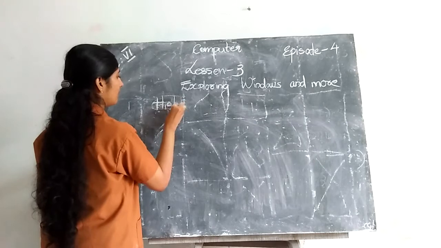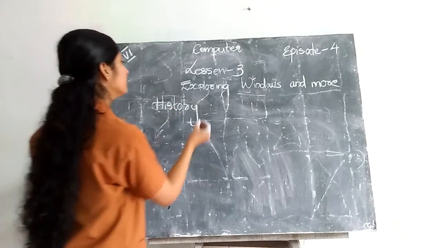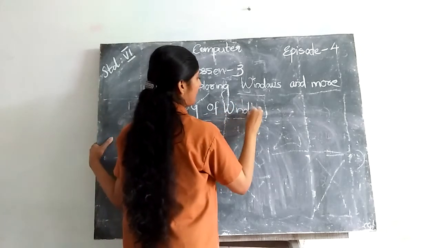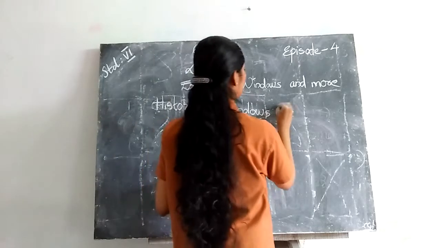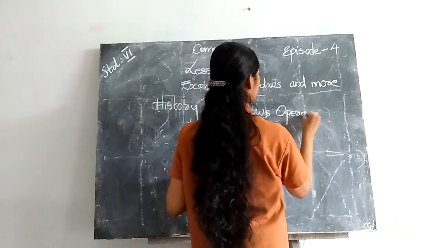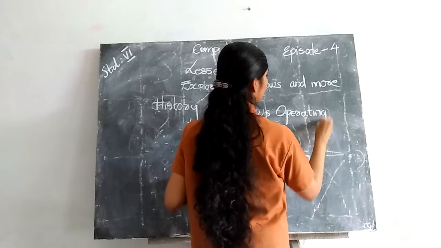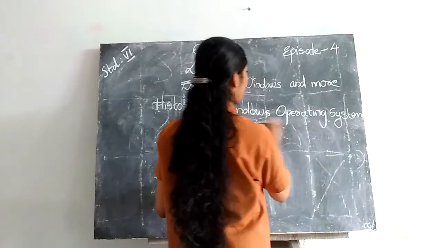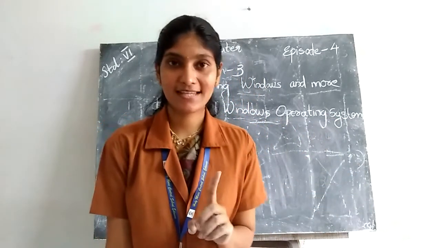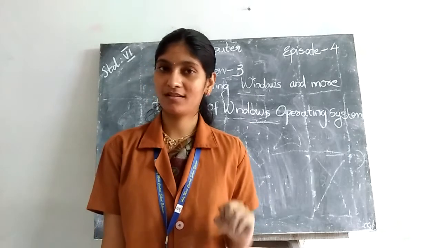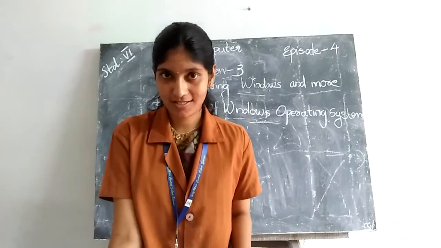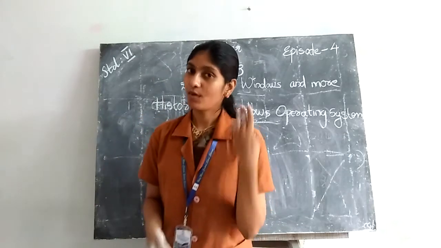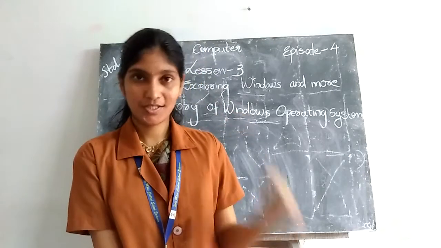History of Windows operating system. In our first chapter, we saw first generation computers, second generation computers, third generation computers, fourth generation computers and fifth generation computers.